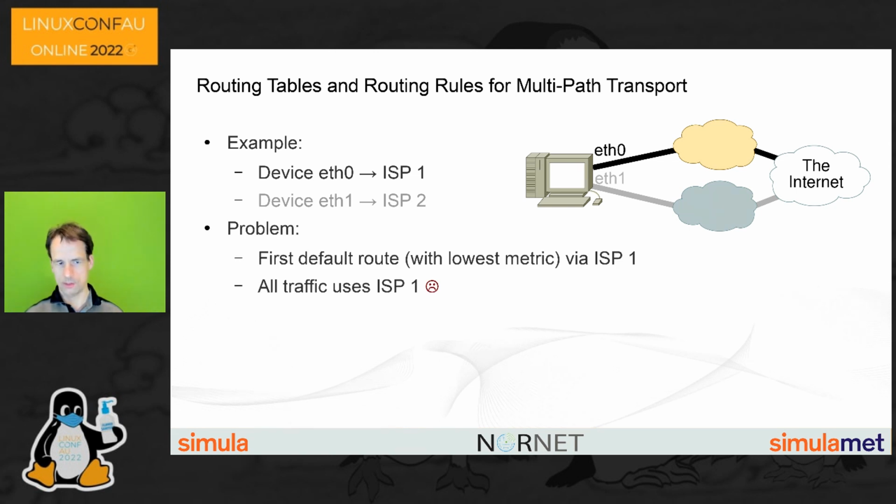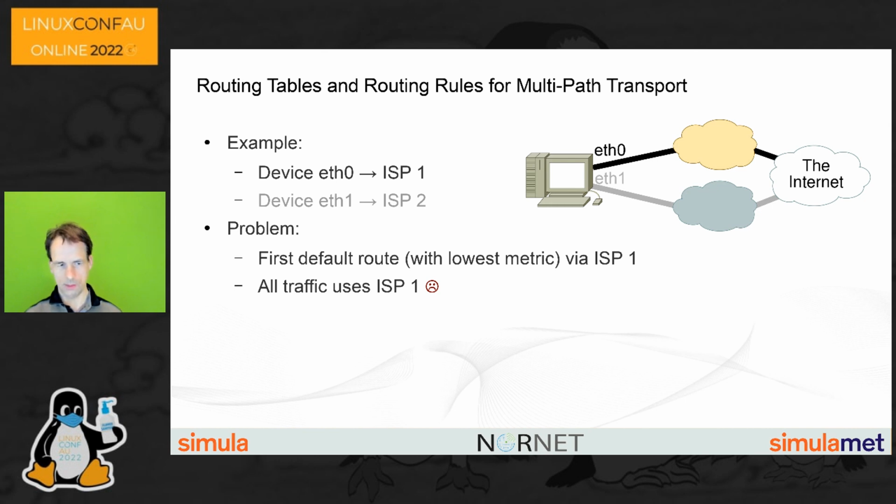So the first problem is, of course, if we have such a setup, we probably have a default route over one of the ISPs. And of course, then the Linux routing stack uses the route with the lowest metric, which in this case would be over ISP1. So all traffic would go over ISP1, while ISP2 would not be utilized.